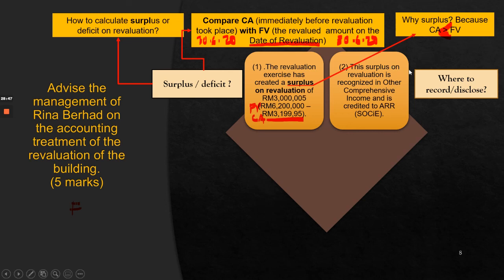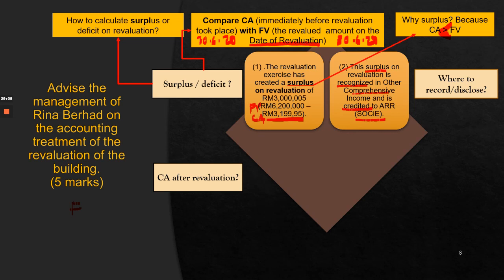Then you need to mention the treatment of the surplus according to MFRS 116. It is recognized in other comprehensive income in the SOPL and also credited to the ARR. In other comprehensive income, you will disclose it. In the ARR, you record that under your statement of changes in equity.